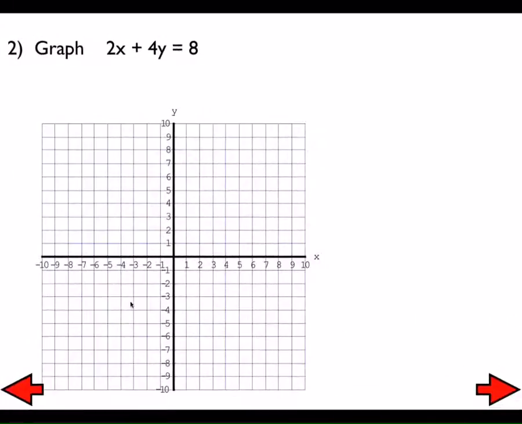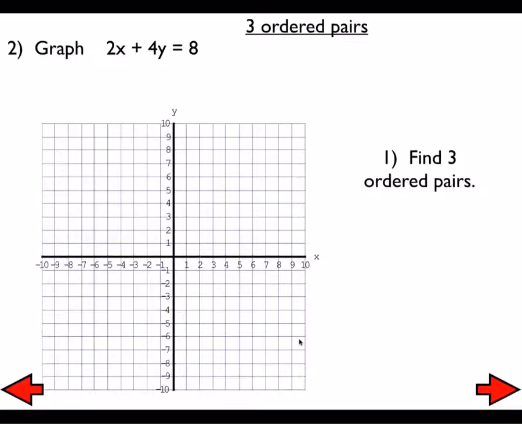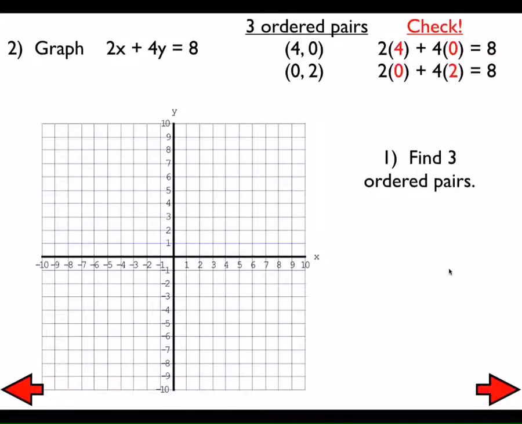Number 2, do these ordered pairs work as solutions? 4, 0. Does that work? That'll be 8 plus 0 equals 8. Yeah, that works. How about 0, 2? That'll be 0 plus 8 equals 8. Yep, that works.